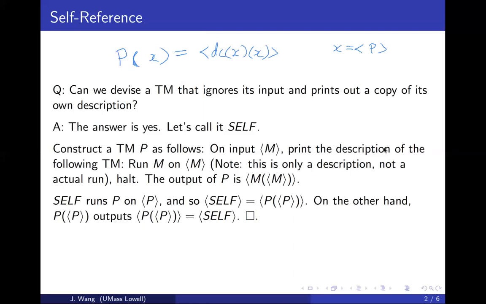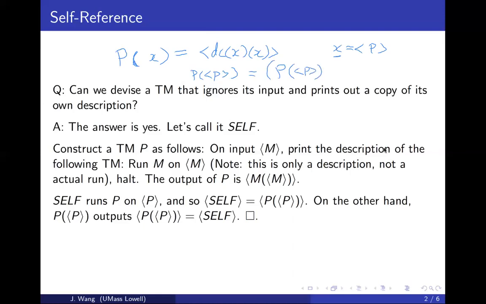So of course there will be an input X that is exactly the same as the encoding of P. Then P on this will just be the decoding of P, so this is P, and then you get this encoding.